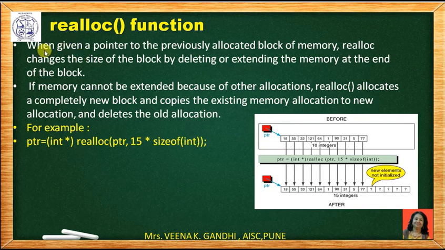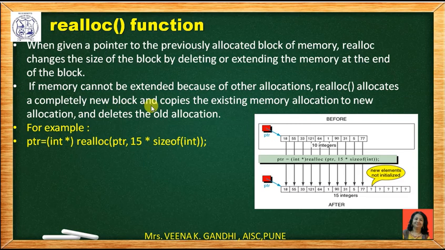Now, when given a pointer to a previously allocated block of memory, realloc changes the size of the block by extending the previous block or by deleting from the previous block. For example, if the memory of the previous block cannot be extended due to other allocations, then realloc allocates a completely new block.